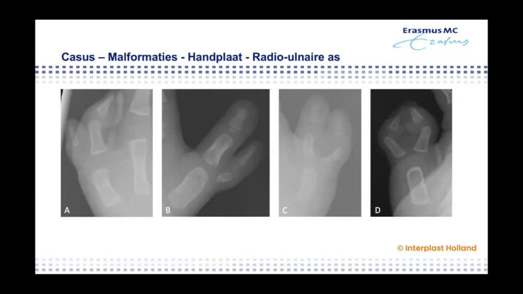Then continuing to the other side of the hand, it's radial polydactyly. We've already discussed the cases you presented, and we also discussed the extra thumb.